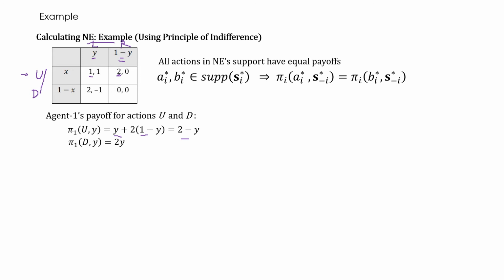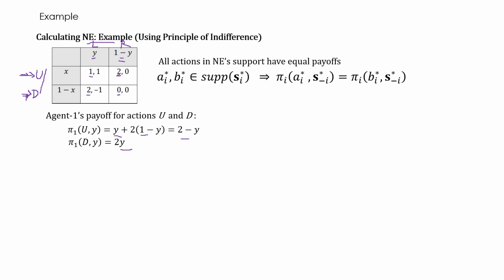In a similar manner, if agent 1 plays down, then the payoff of agent 1 would be y times 2 plus 1 minus y times 0, which is twice y. Now, from the principle of indifference, the payoffs of both up and down would be the same.